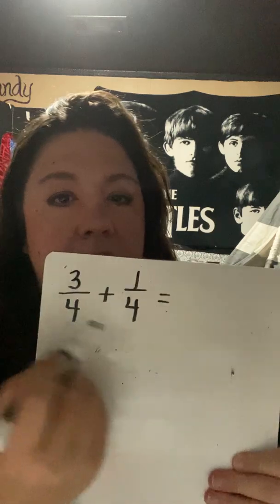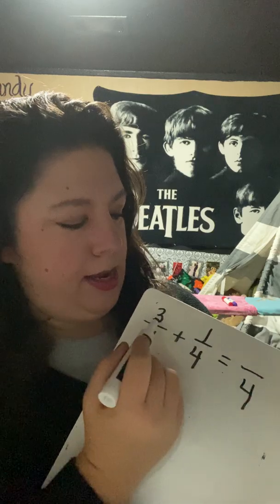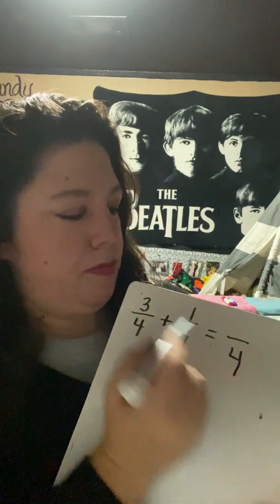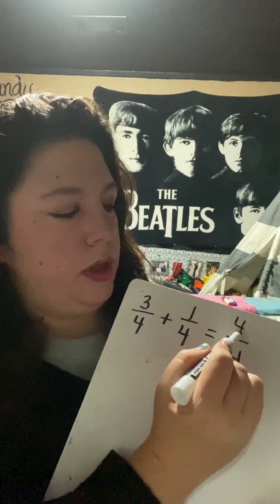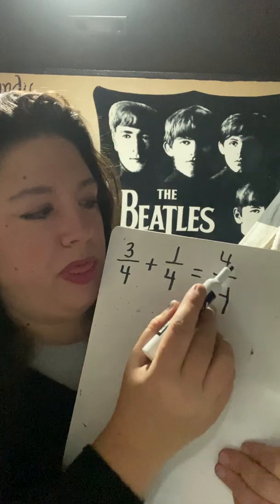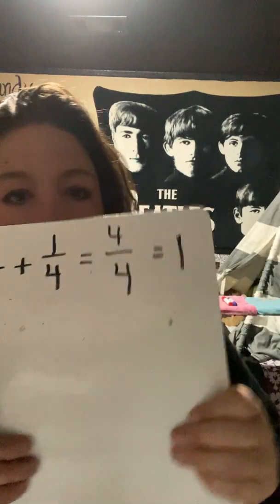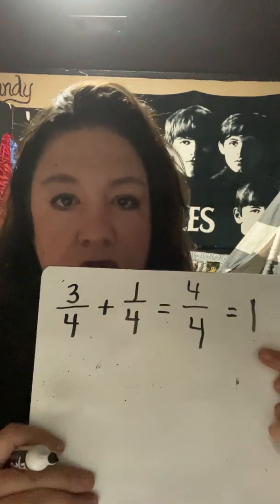I like to do the number part first because to me, the numbers are easier than the picture. I know that the number on the bottom stays the same, and I know that you just add the top two numbers, 3 plus 1. So I know my answer is 4/4. And I also know that when the top number and the bottom number are the same, they always simplify down to 1. And so my answer is just 1. But I can show you with a picture.